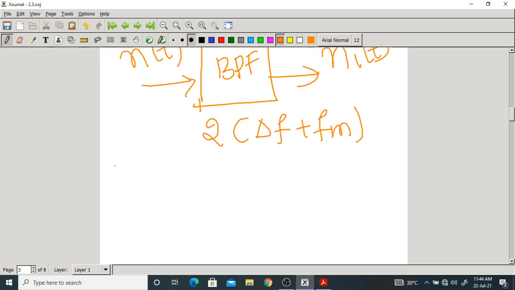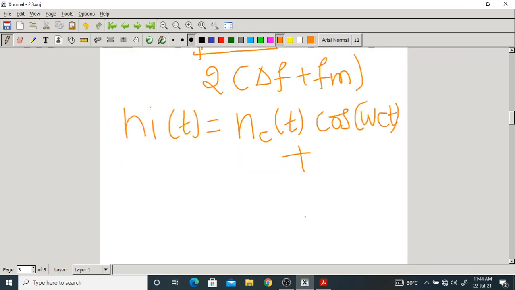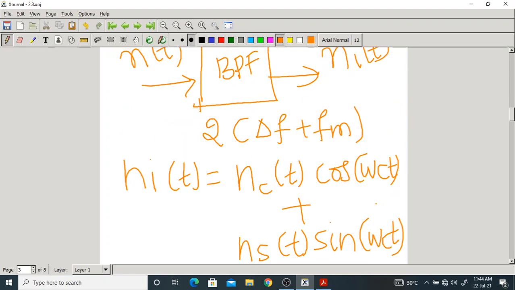You know already, it can be written as an in-phase component and a quadrature phase component: n_c(t) cos ω_c t + n_s(t) sin ω_c t. This is n_i(t), having a bandwidth of 2(Δf + f_m).